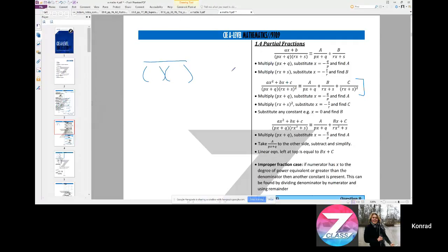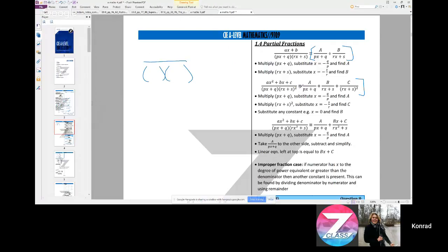Okay, so if you come across something where you want to do partial fractions and you don't have brackets on the bottom, first thing to do is factorize. After that, the idea is you put it into this form, right? You just put all of the different factors as bottoms of the fractions.